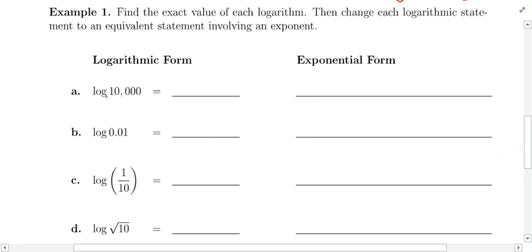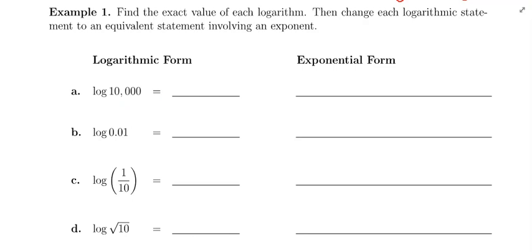Each one of these is going to be log of a number equals, and you're going to have to figure out the number that it's equal to. This is the logarithmic form because it's going to actually have log in it. In the exponential form, those answers will not have a logarithm in them. We're basically using the exponential form to explain the logarithmic form. That might be a little confusing, so just watch. Let's do the first one.